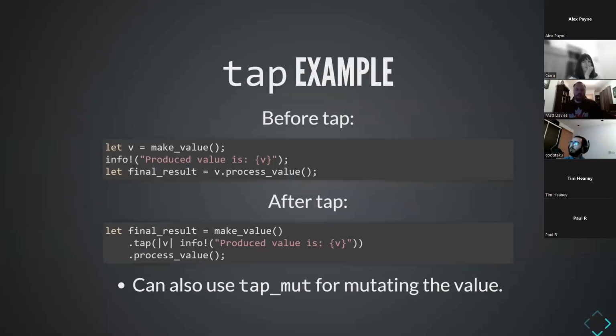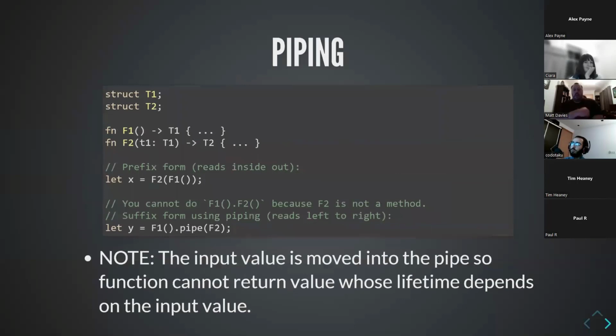It's up to you. There's also a piping functionality in this crate, and so here I have a couple of structures, T1 and T2, and I have a function f1 that starts it off, returns a T1, but then I have a function f2 that takes that T1 and then processes it and produces a different type at the end.